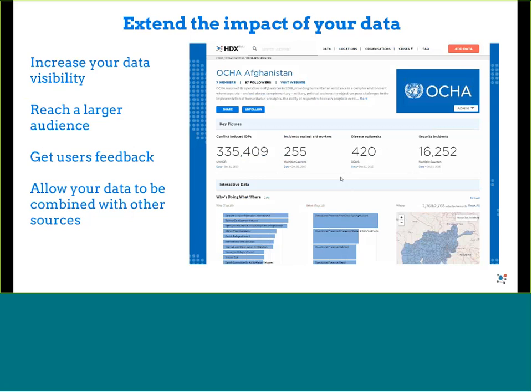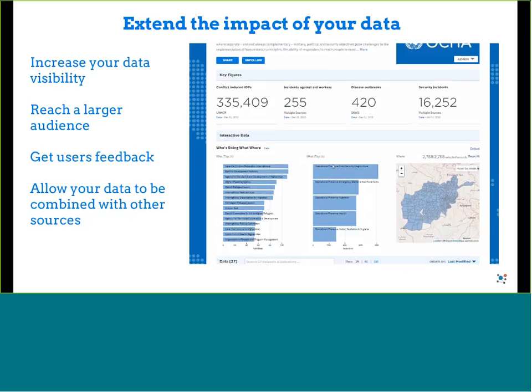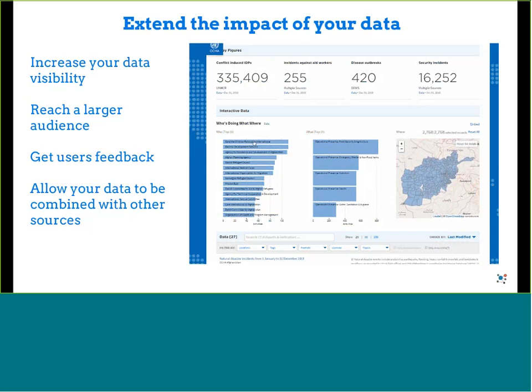The other thing that we also do is to extend the impact of data, and this is through increasing the visibility of data to help data contributors reach a larger audience. Like I mentioned, about 250,000 visitors to our site. So this can really help provide some publicity for your data.